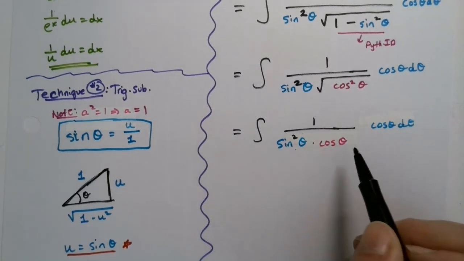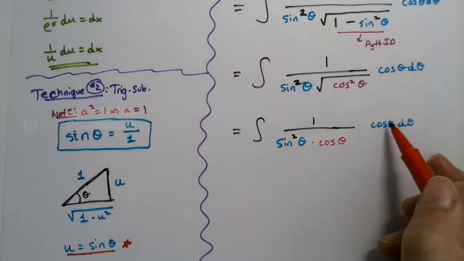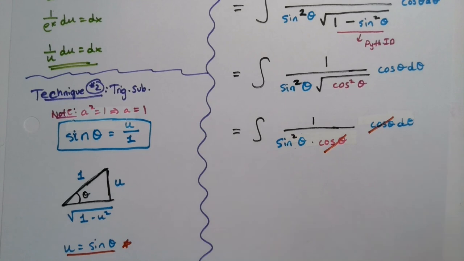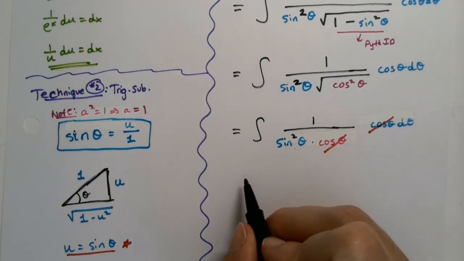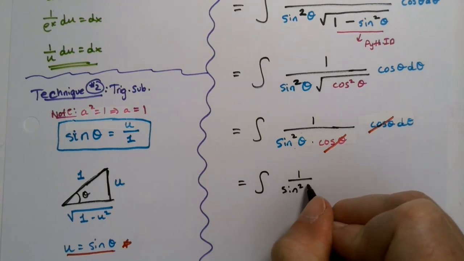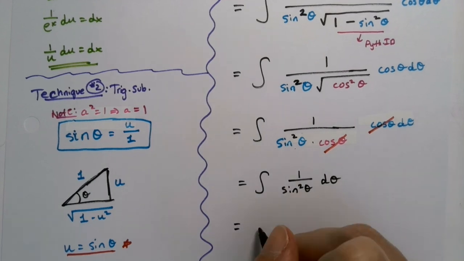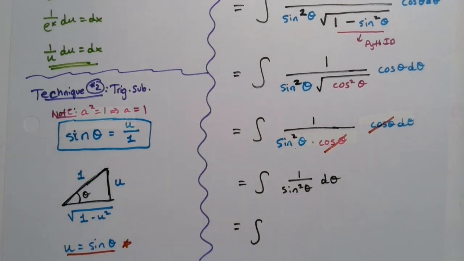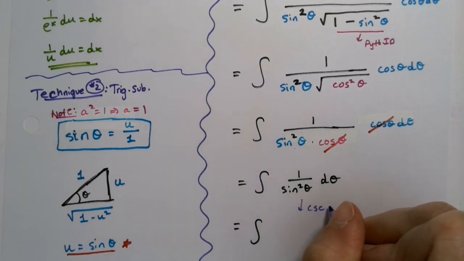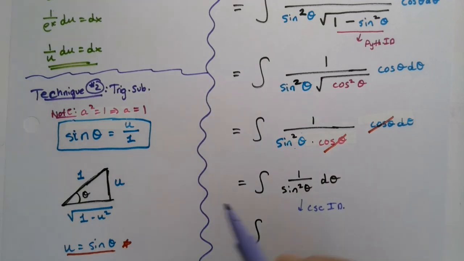All right, so then this cosine that's in the numerator, because this blue one is in the numerator and this pink one in the denominator, they're going to divide away to 1, so that's going to be gone. So then I'm left with the integral of 1 over sine squared theta d theta. But 1 over sine squared, by definition of cosecant, right, by the cosecant identity, is equal to cosecant squared.